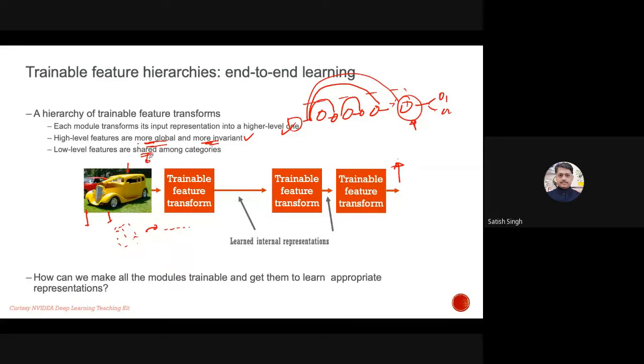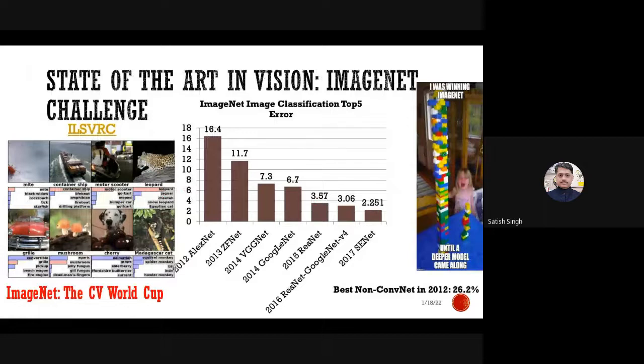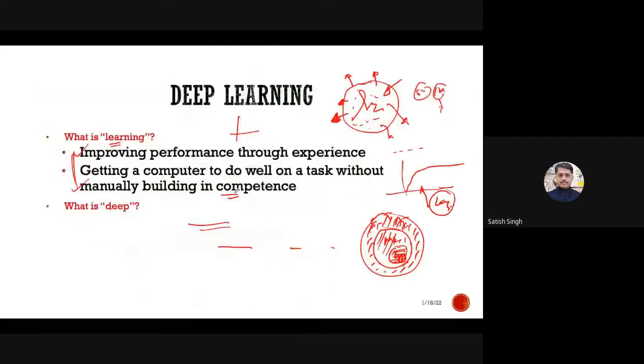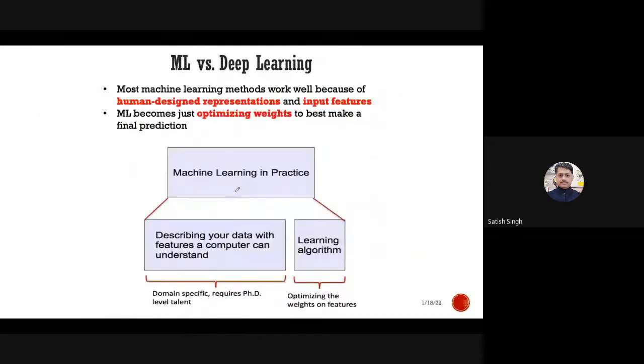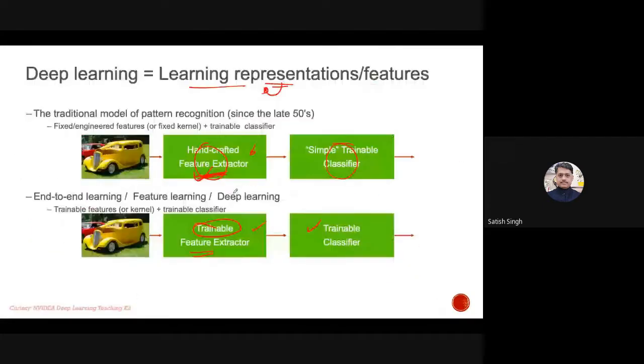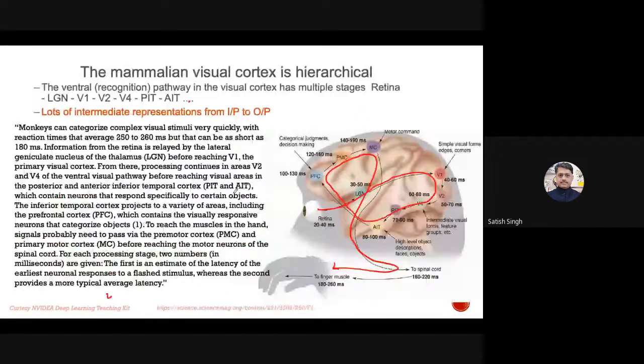For similar categories, low level features may be the same. So that's why feature hierarchy is an essential part. So I have discussed these things and tried to develop one concept: that feature hierarchy is very important in case of deep learning models.